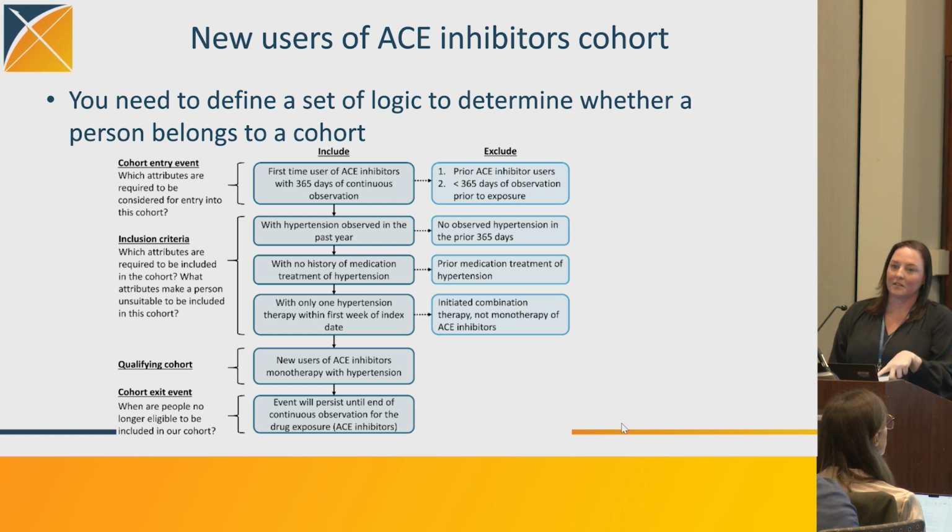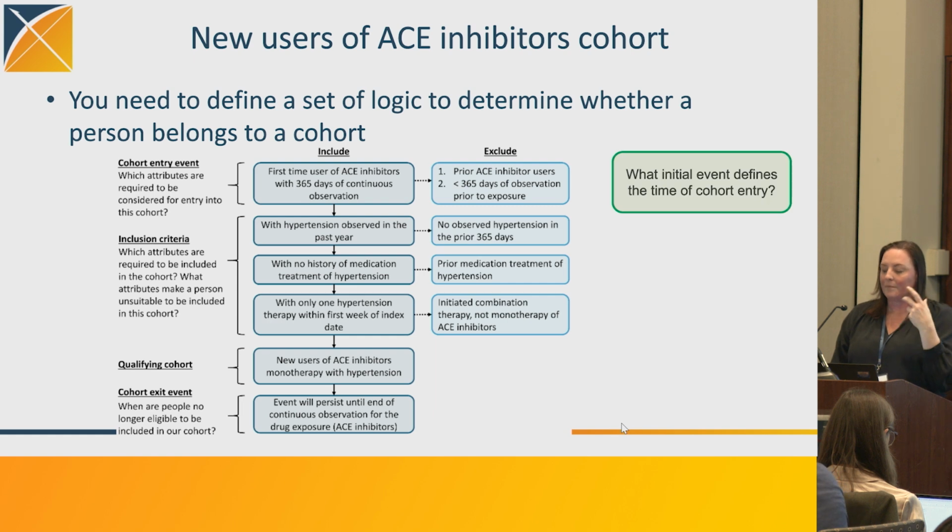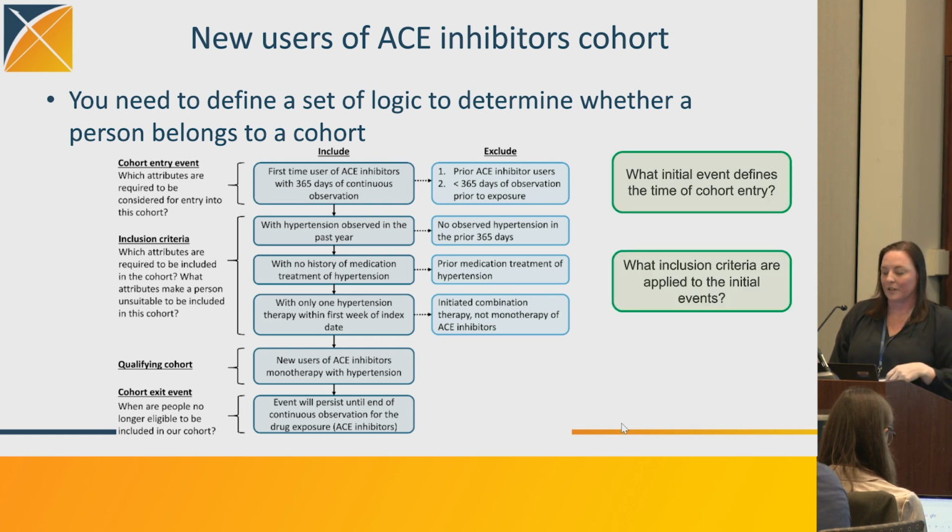I've just taken this example out of the Book of OHDSI, so all of this you'll be able to understand in more detail through the book. But basically we get events where we want to say, what's the first time patients have used an ACE inhibitor? What initial event defines time of cohort entry?